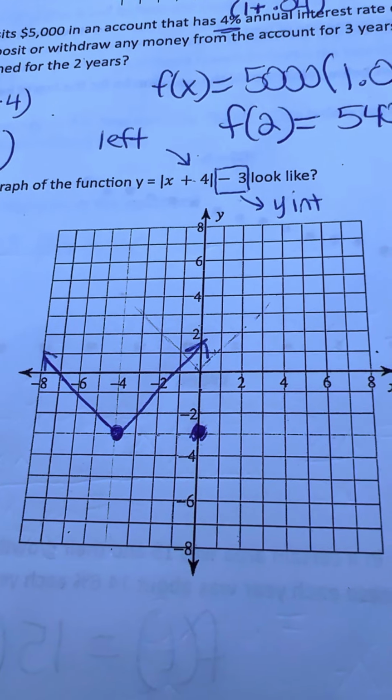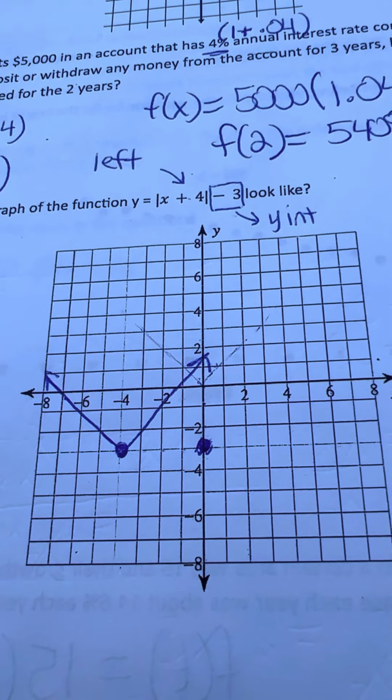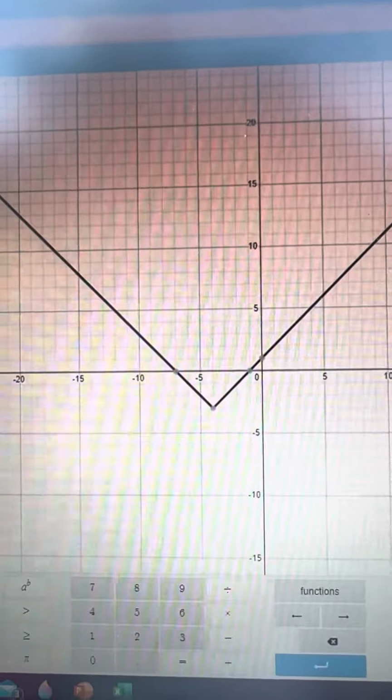Now, if I'm not sure whether or not I've done this correctly, I can go on to Desmos. So here's Desmos. Love Desmos. Love any graphing calculator because it always helps confirm what I already know to be true. So y equals the absolute value of x plus 4 minus 3 would look like that. So that's my graph, as you can see where the vertex is.